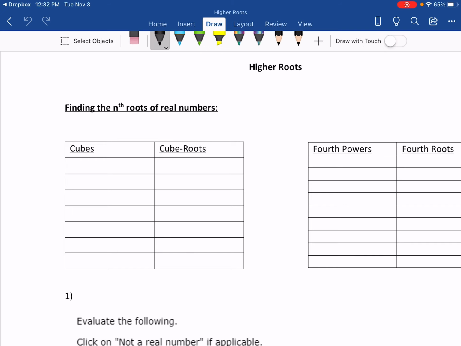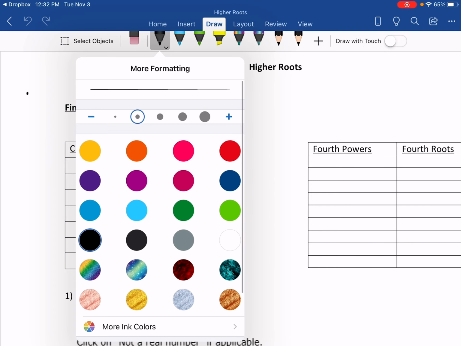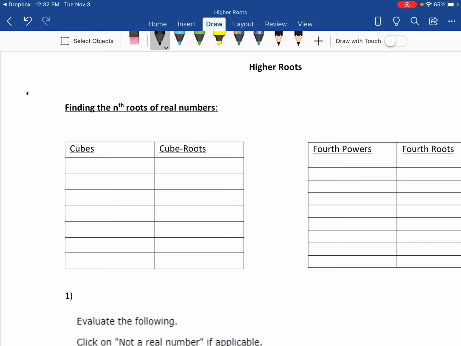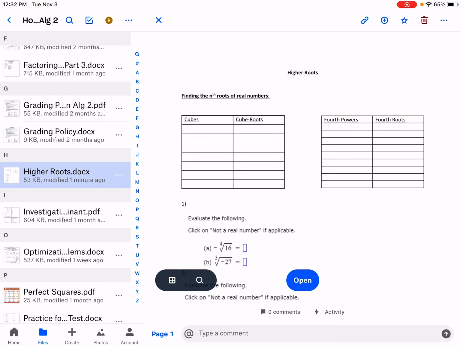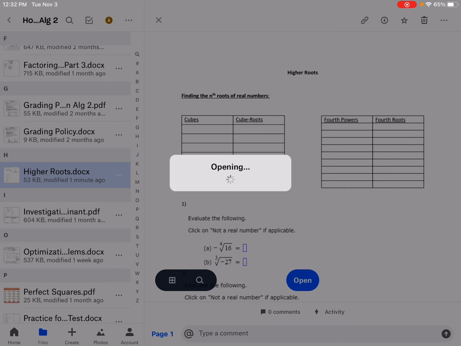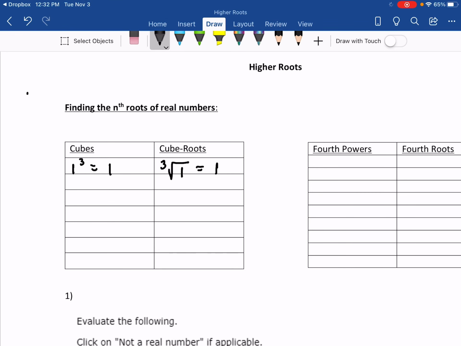So if we cube 1, 1 cubed is 1, which means the cube root of 1 is 1, because 1 times 1 times 1 is 1, of course.